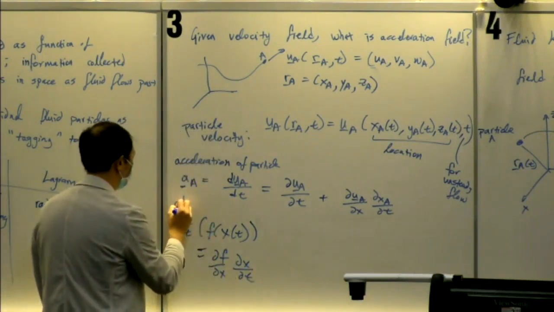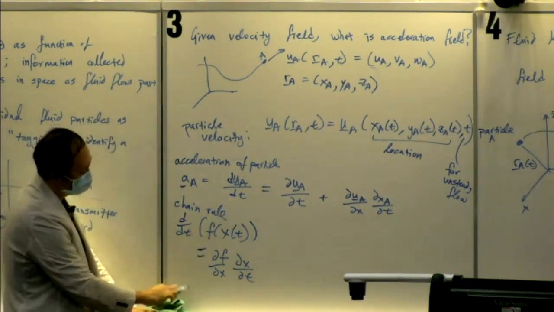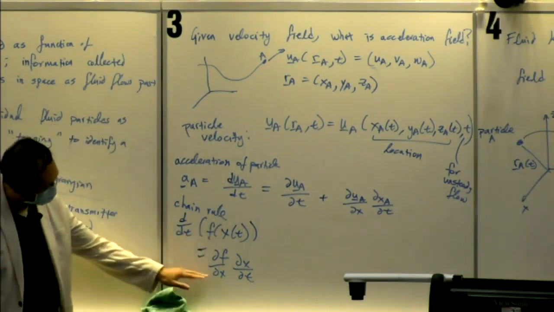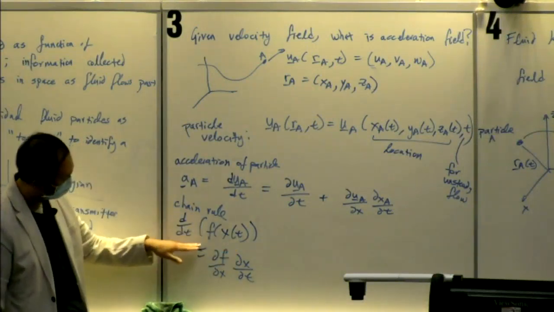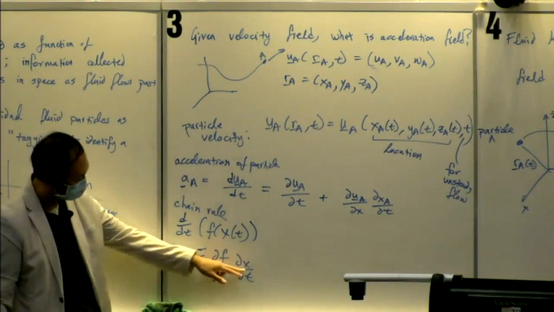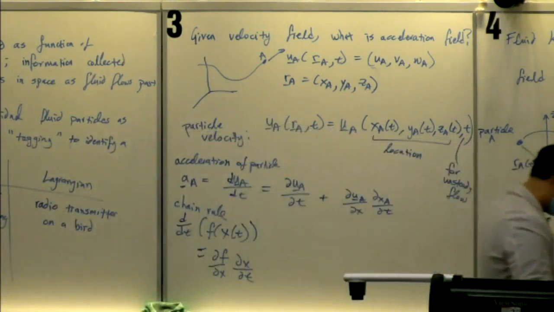This is the chain rule. It says if you have two embedded functions, the derivative is the derivative of f with respect to x, and then x with respect to t. So each of these time derivatives is going to give you separate terms.